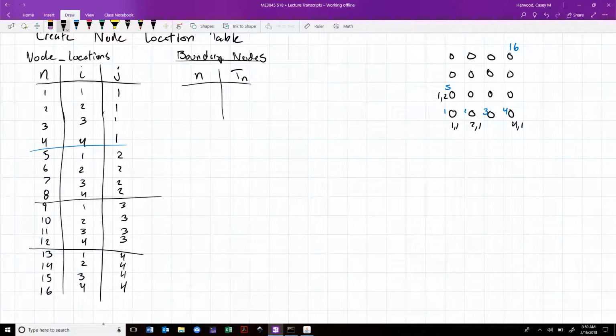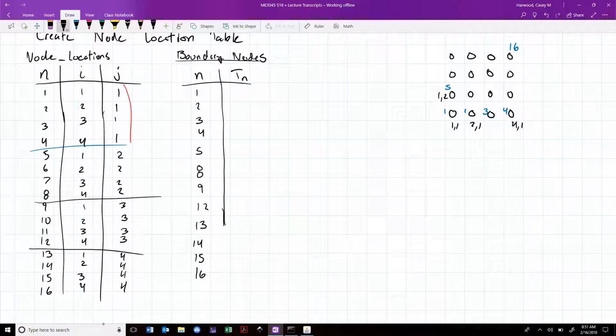In this case, our boundary nodes consist of 1, 2, 3, 4, all those that have j equal to 1. Anything that has i equal to 1 or 4 also goes in there. So we've got 5, 8, 9, 12, and then 13, 14, 15, 16.